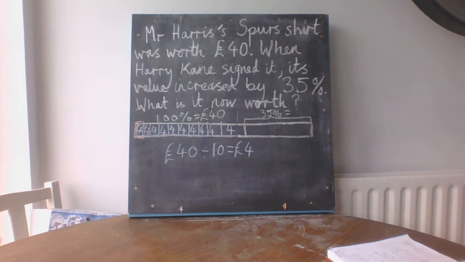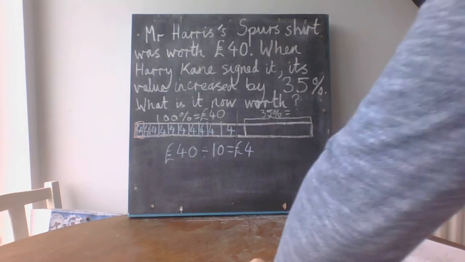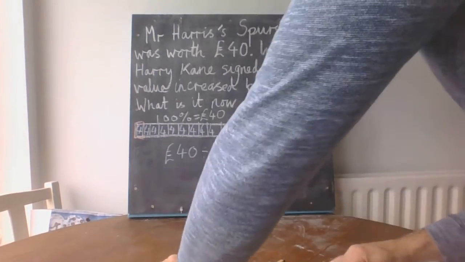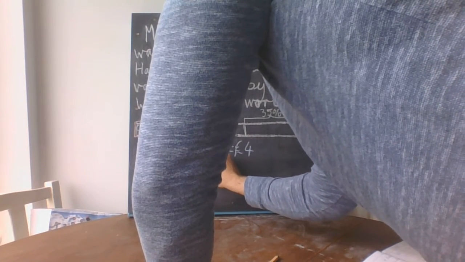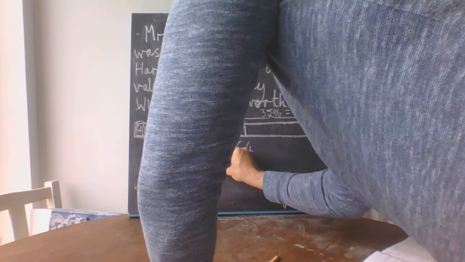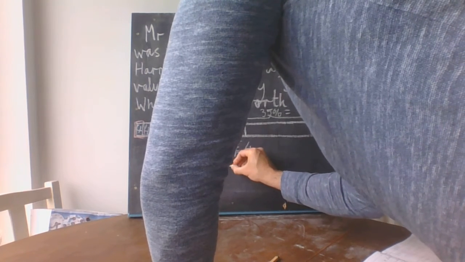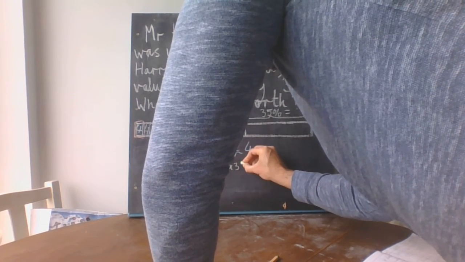But I'm not interested in 10%, I want to find 35. Well, first of all, I can use that 10% to find 30%, because 30% is going to be the answer of 10% times by 3.